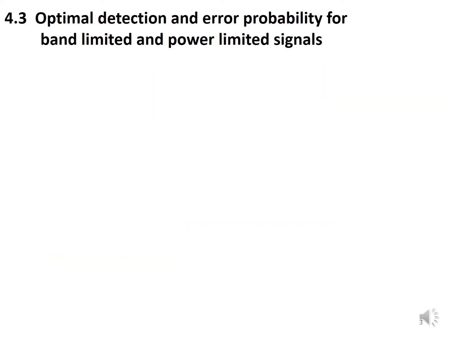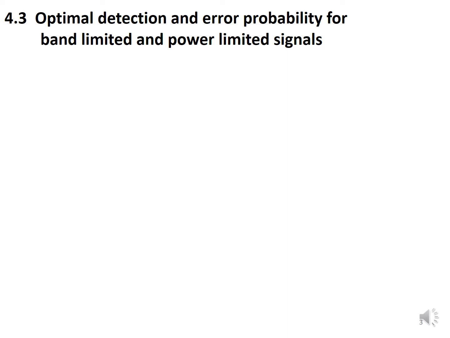Okay, let's begin with this lecture about what we mean by optimal detection and the error probability. We have discussed the general rules about optimal detection. Let's remember that it would be the MAP detection that makes this optimal receiver.